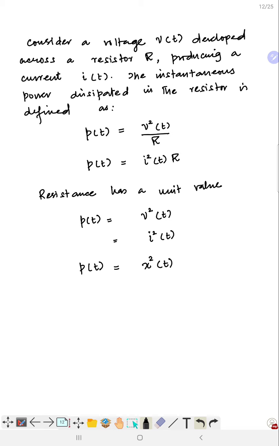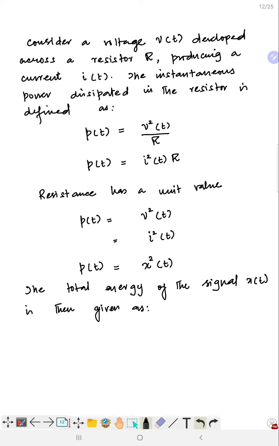And if I have to find the total energy, let me just continue with the analysis here. So the total energy of this signal, which we have generalized now as x of t, it may be either voltage, it may be either current, is then given as, that is E will be given as limit as time period T tends to infinity of the integral from minus T by 2 to T by 2 of x squared t dt.